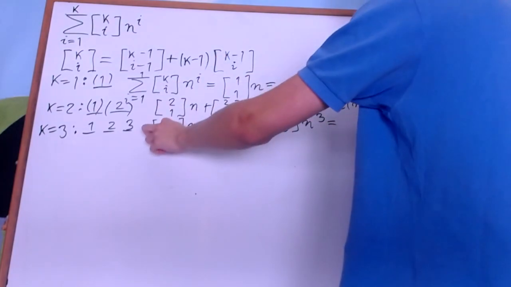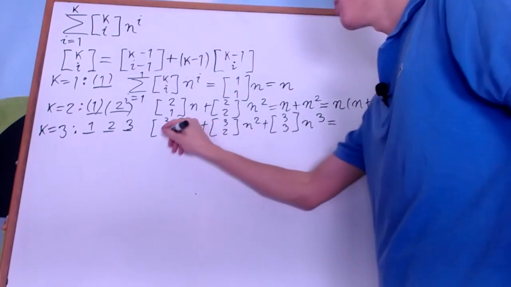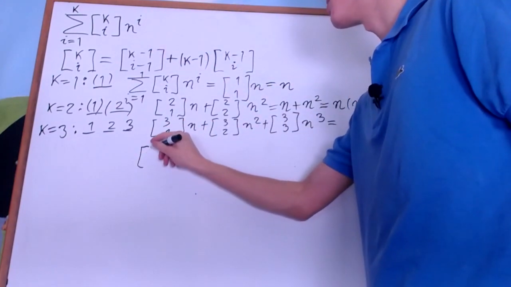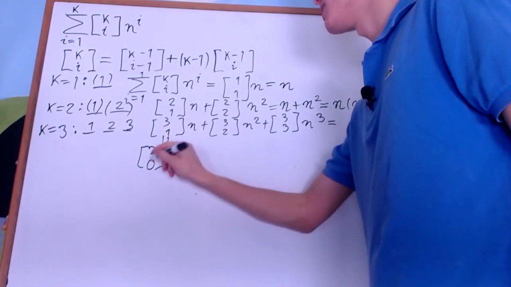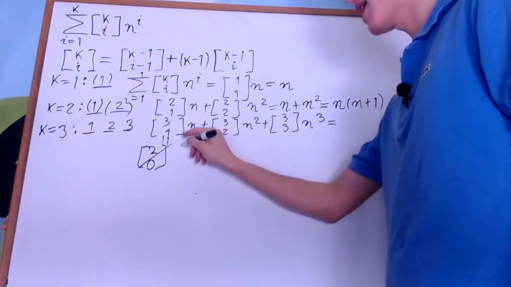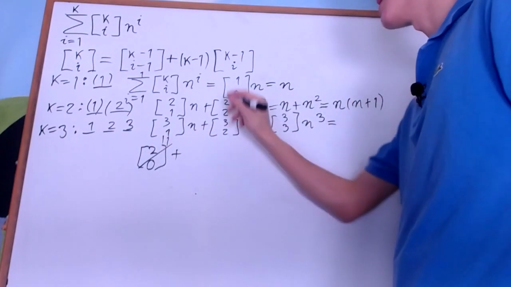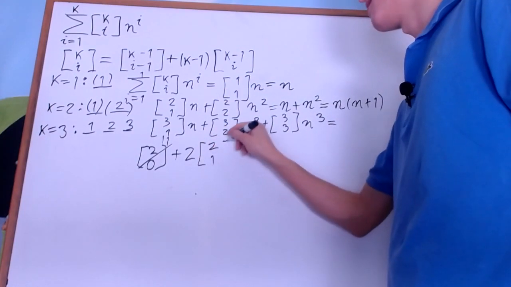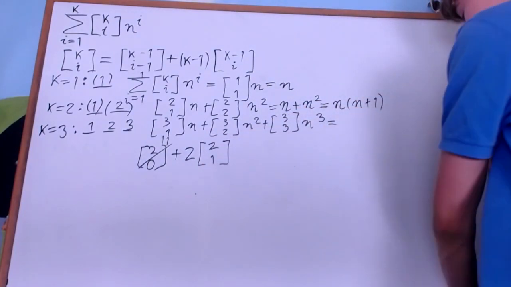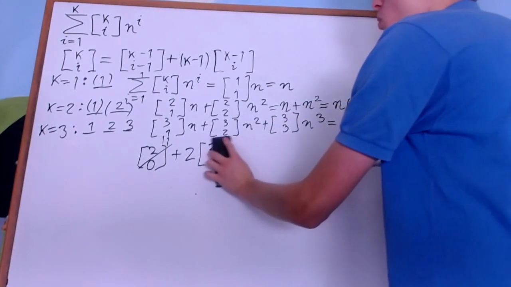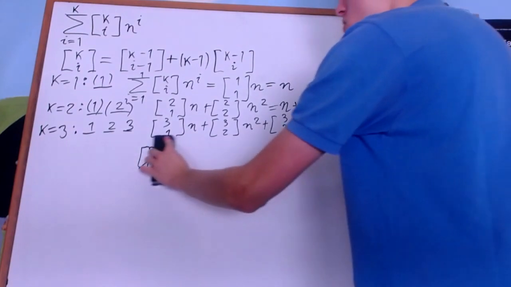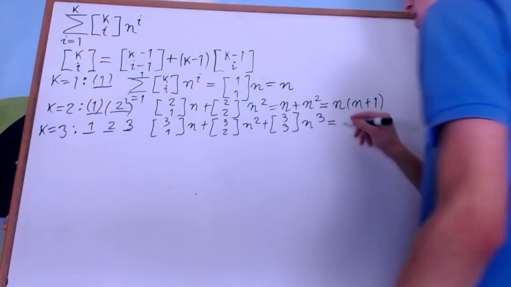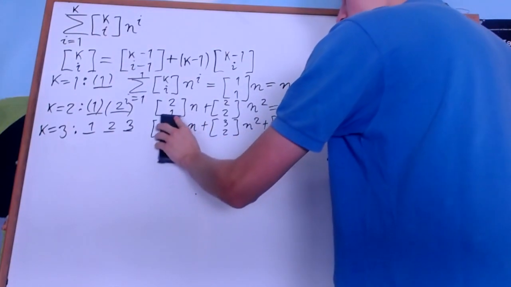So 3,1 is equal to what? By that fact, it's equal to 2,0. So 2,0 is just 0, I'll tell you that. Plus k minus 1, which is 2, times 2,1. And we know that 2,1 is just 1. And so we just get 2 for this 3,1 here.